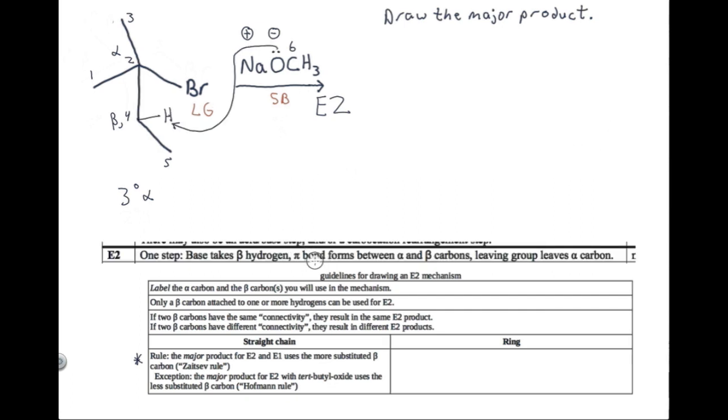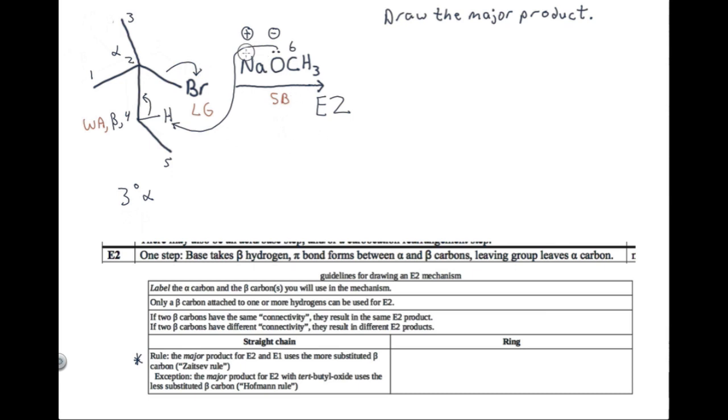Another arrow shows the pi bond forming between the alpha and beta carbons. We take these electrons to make a pi bond between the alpha and beta carbons. By the way, we can also mention now that we're using carbon 4 as our weak acid, because this is the carbon that's giving up the hydrogen. And one last arrow shows the leaving group leaving the alpha carbon.